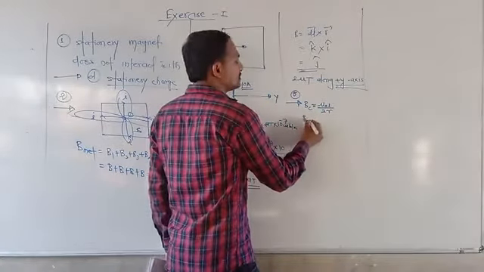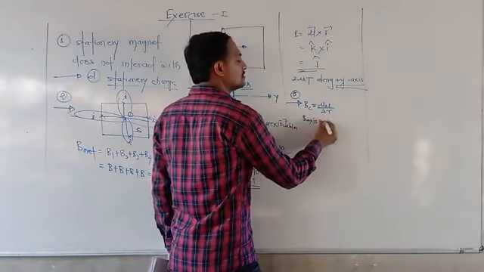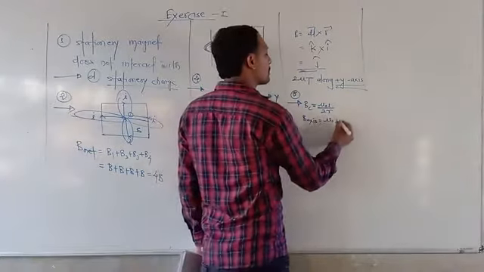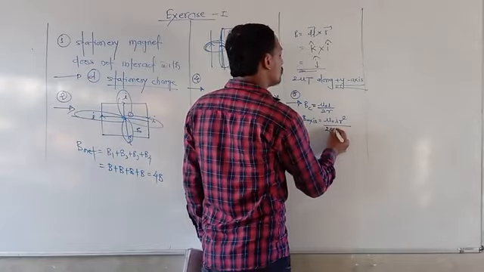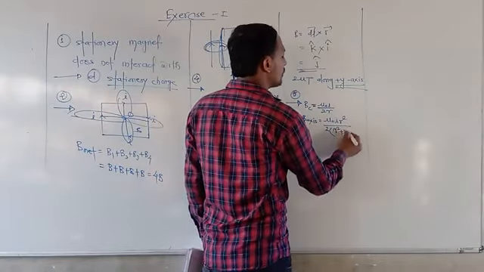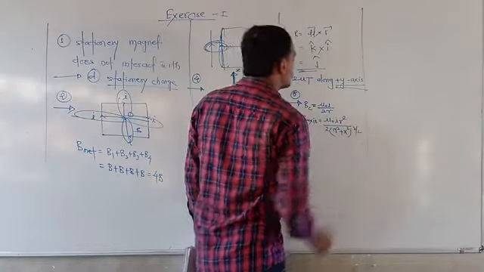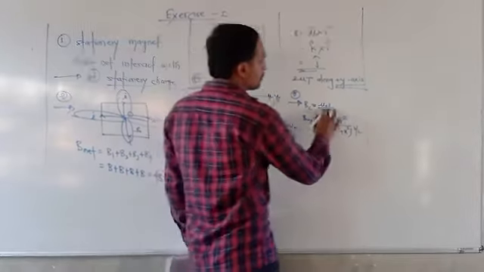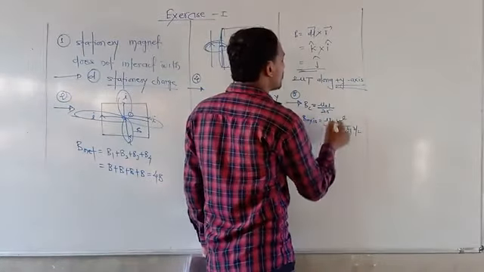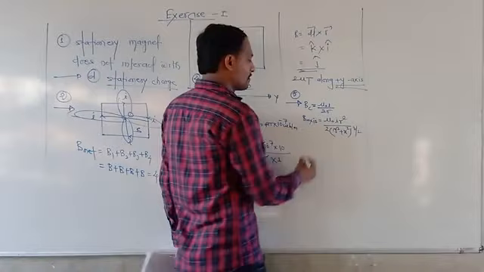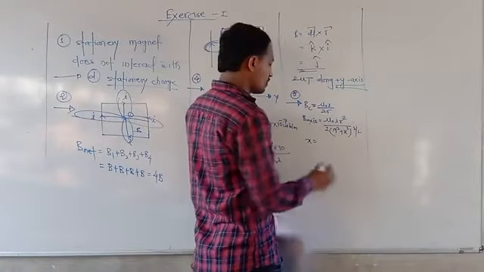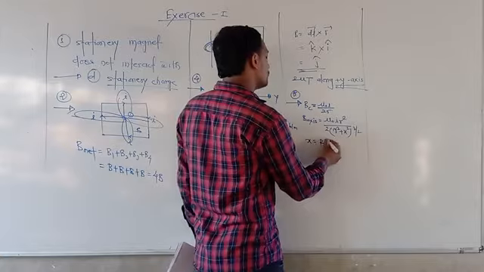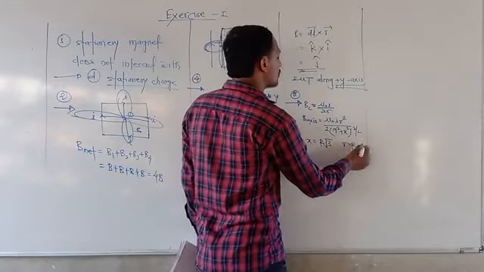And at the axis it is mu 0 I r square upon 2 into (r square plus x square) raised to 3 by 2. Here small r is equal to capital R and x is equal to r into root 3.